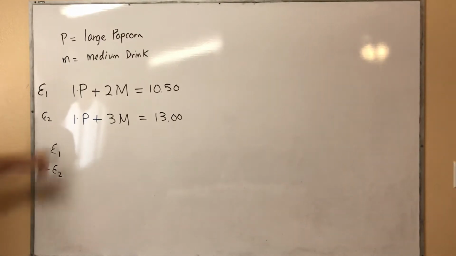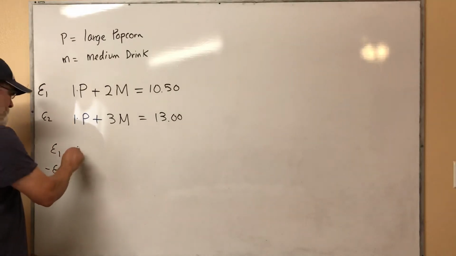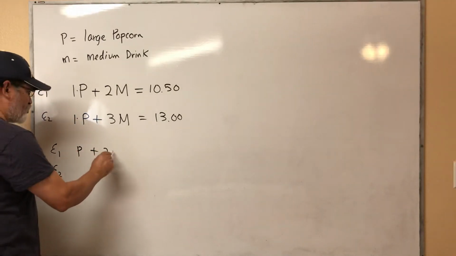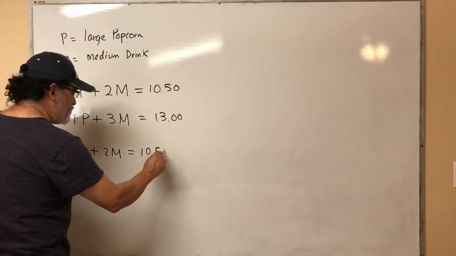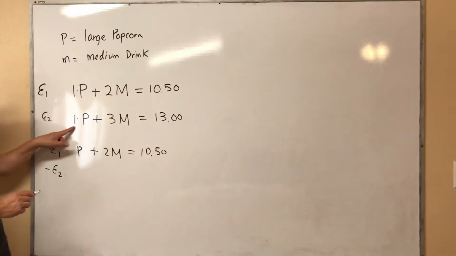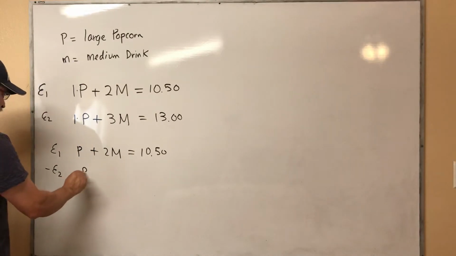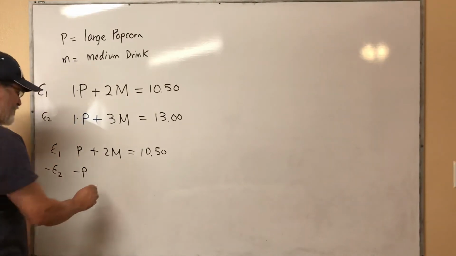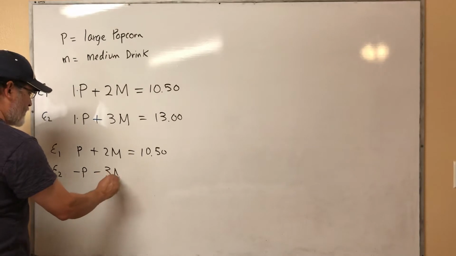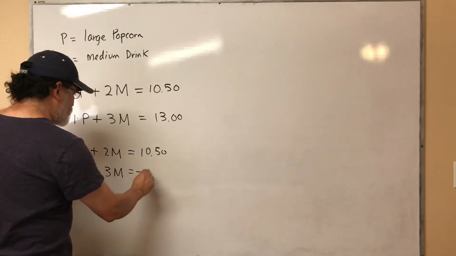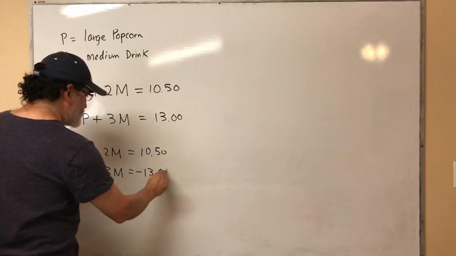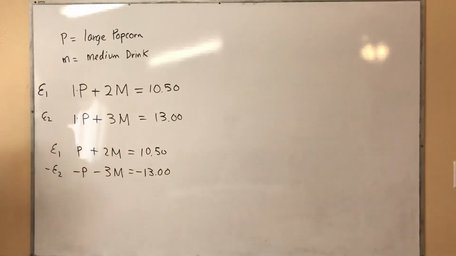So P plus 2 medium drinks equals $10.50, and equation 2 multiplied by negative: minus P, minus 3M, minus 13 bucks. Okay, add them up.